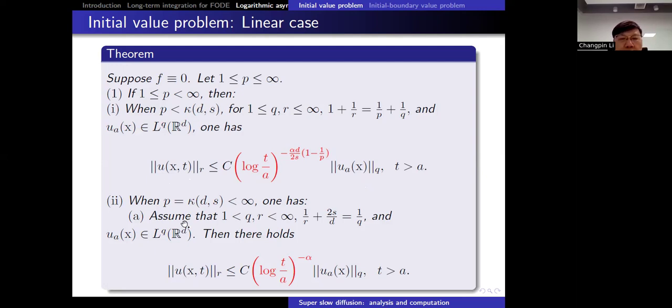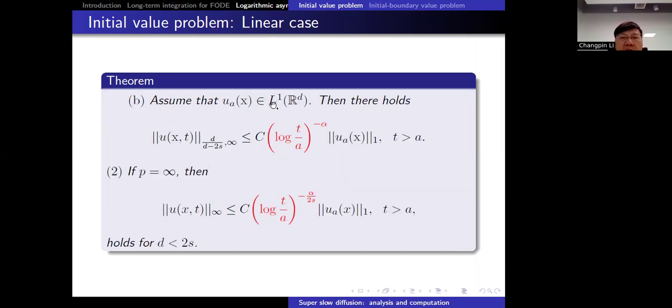When p equals kappa, and q, this is u_a, the initial value function. If u_a of x is in L^1, we have this estimation.